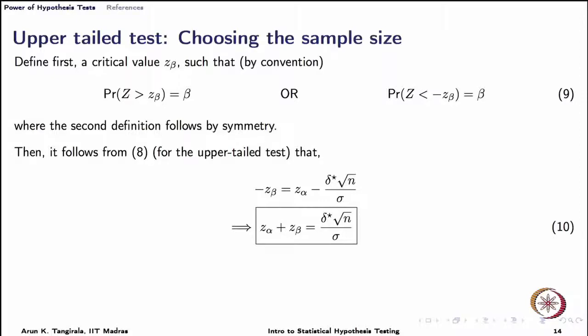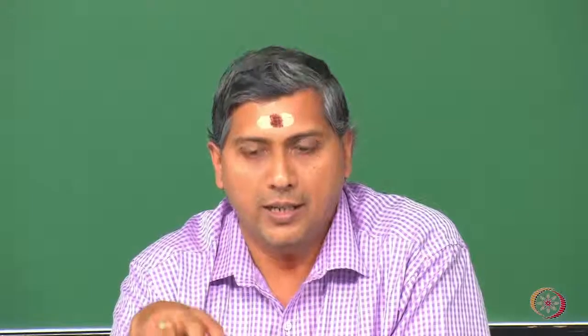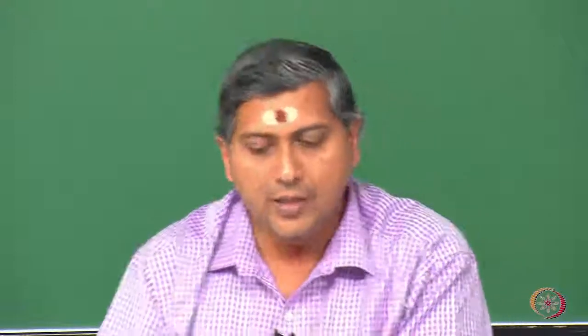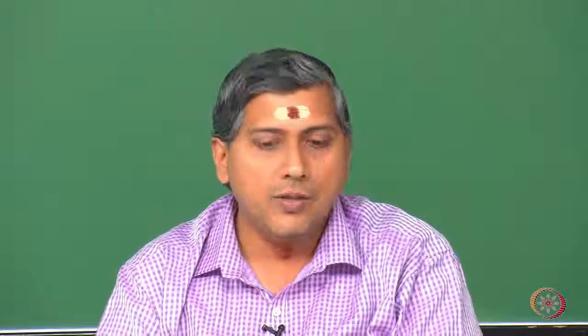We have introduced delta star because this is now an optimal delta, a delta that exactly satisfies the equation, and therefore we have used the star. This is nothing but the smallest deviation that we can detect. This is the answer to the first question. So, z alpha plus z beta is delta star root n by sigma.